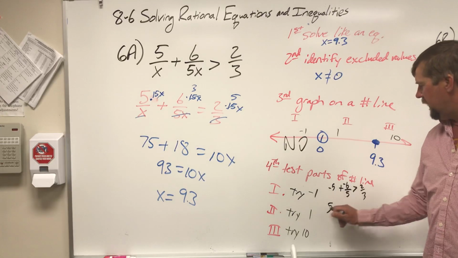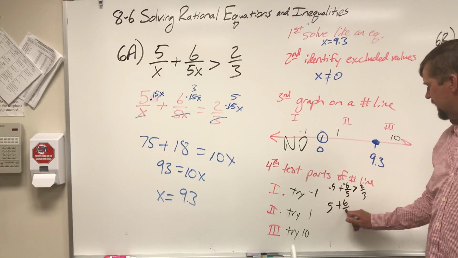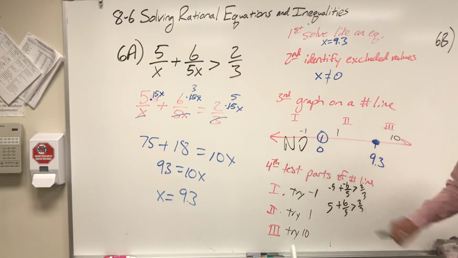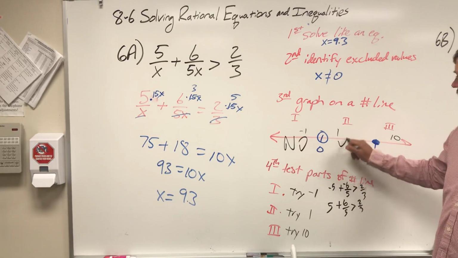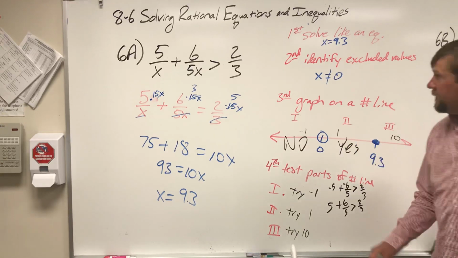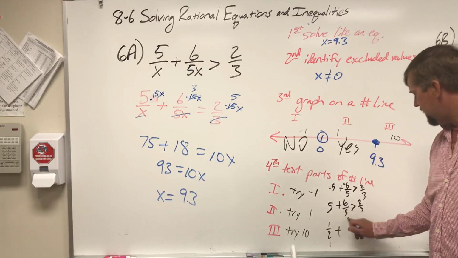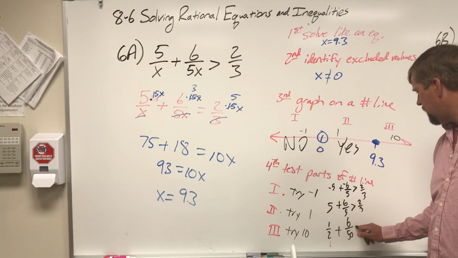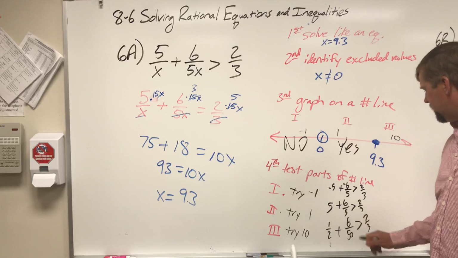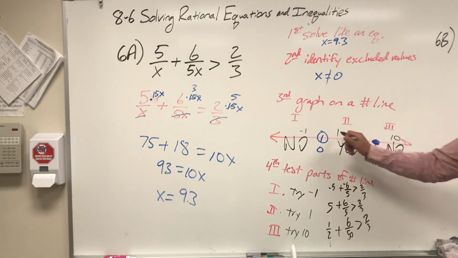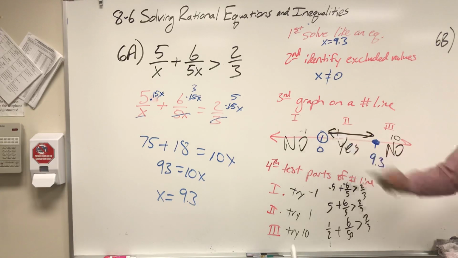If I put in 1, I get 5 plus 6/5. Is that greater than 2/3? Yeah, it is, because 5 plus anything is bigger than 2/3. So this is a yes. If I put in 10, I get 1/2 plus 6/50. Is that greater than 2/3? You might have to do a little math here. You can do the decimals. This is going to end up being a no. So my solution is everything between here and here.